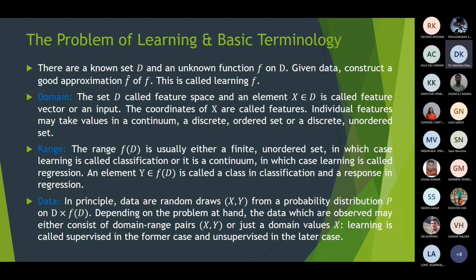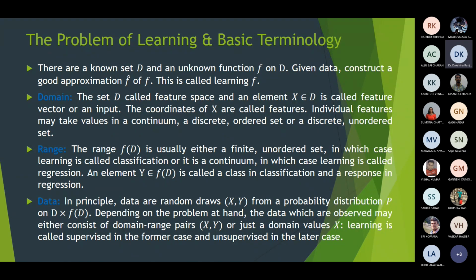So if we have 1,000 face images of 1,000 different individuals, from these 1,000 face images we can extract the feature vectors. Okay, so these 1,000 feature vectors will constitute the feature space, and this feature space is called the set D.